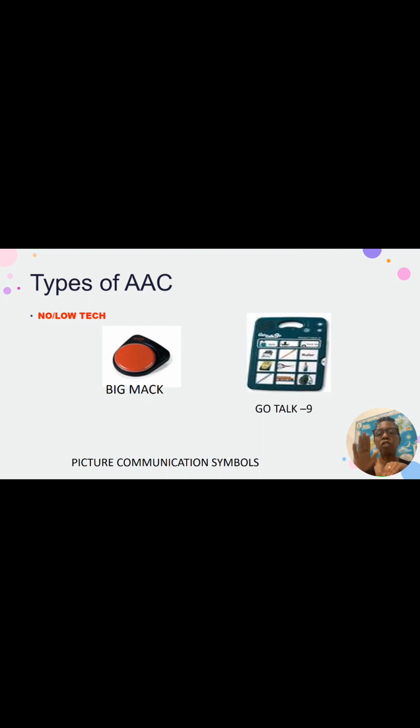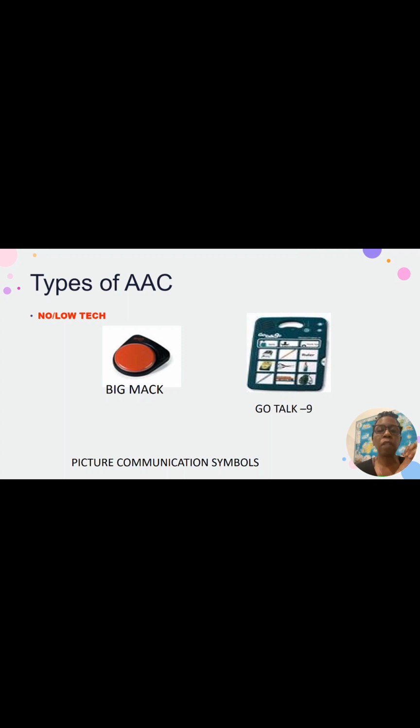So this is a nice way to have multiple messages for a child to participate in a particular activity. And this Go Talk 9 looks like something that would be used at school. It looks like there's a school bag on there, crayons, scissors and pencils. So if a child wants a pencil, the adult would not just give the child a pencil, but should give the child the opportunity to ask for one.